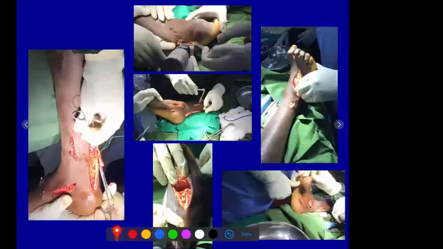First, number one, this is a Z-lengthening of the Achilles tendon. I try to avoid, as much as I can, doing an open Achilles tendon lengthening. I tend to do a percutaneous one, which is so much easier, and it takes you literally about a minute.